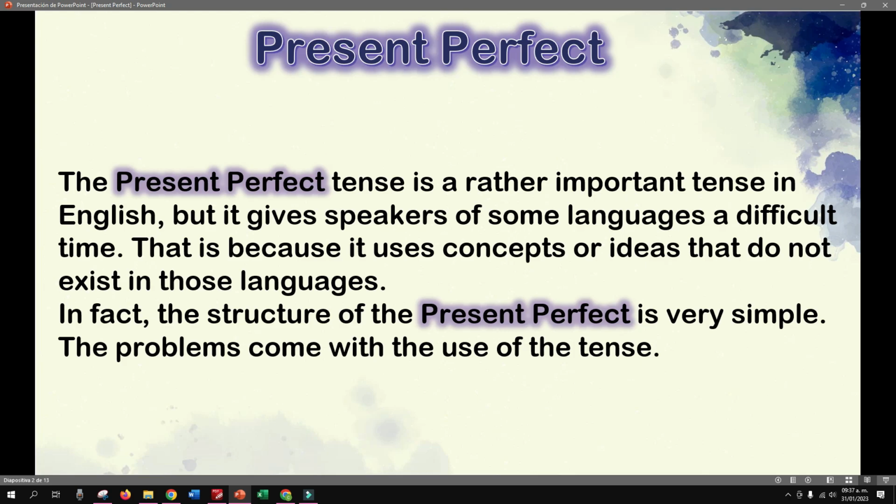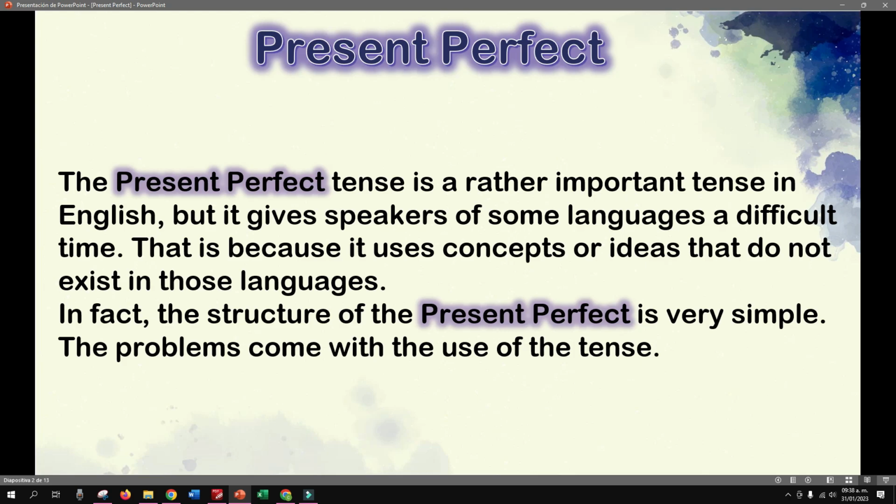The problem comes with the use of the tense. Try not to translate the present perfect into your language, into Spanish in this case. Just try to think in present perfect. That will be better when you use it.